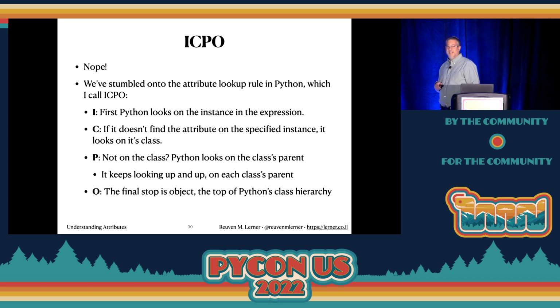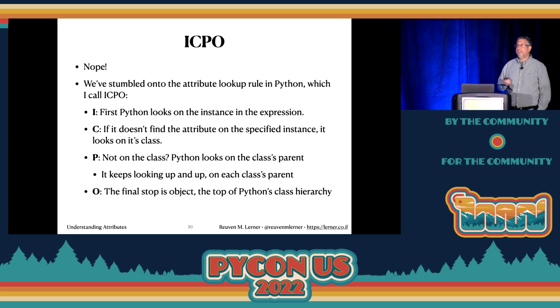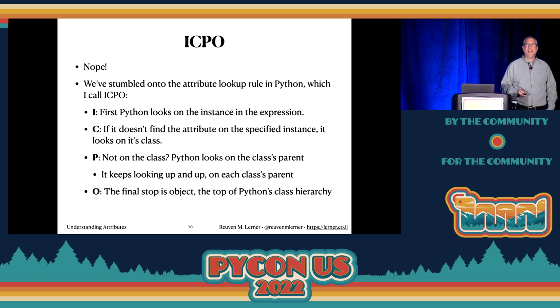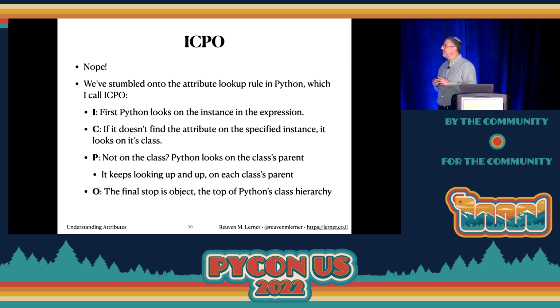Nope. This is where I introduce what I call ICPO, the attribute lookup path in Python. Instance, class, parent, object. This is how Python looks for attributes all of the time. And once you understand this, a whole lot of other things in Python start to make more sense.